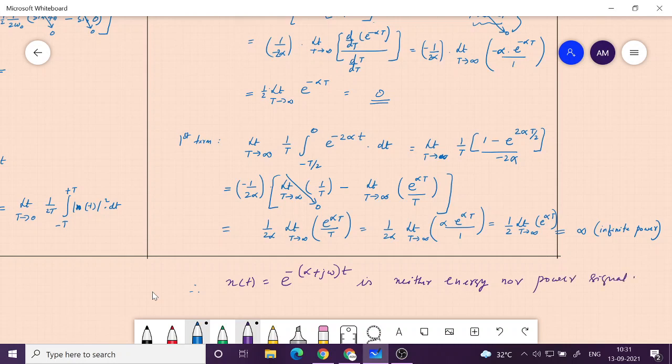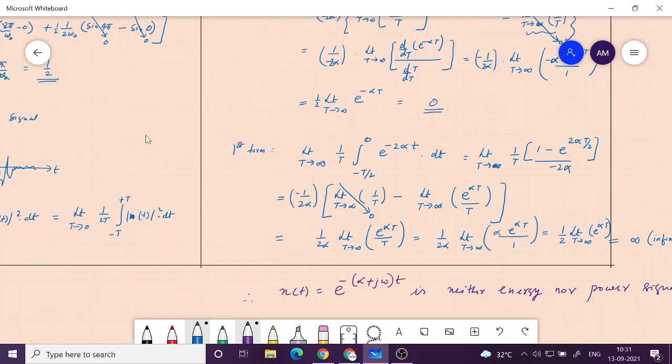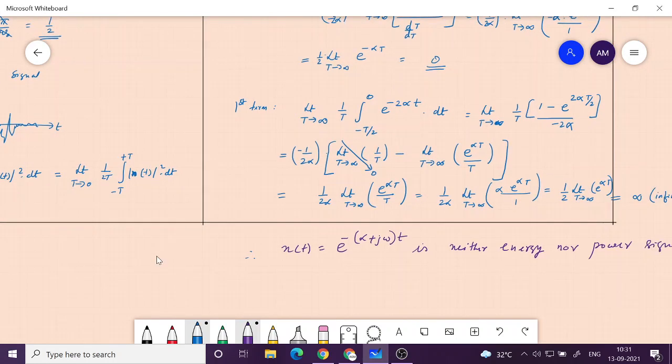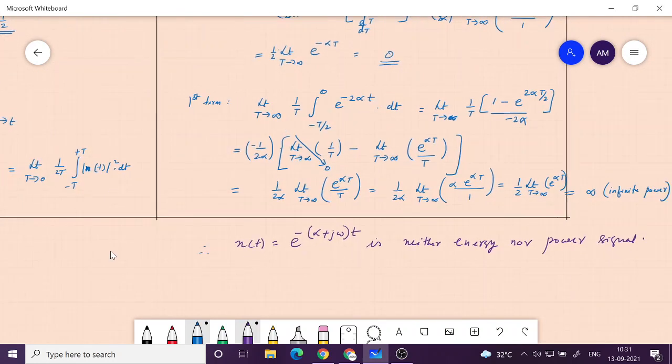None of these. So there are signals like that. But periodic signals, all of them are power signals. But all signals whose energy is infinite are not power signals. Okay, we will stop here.